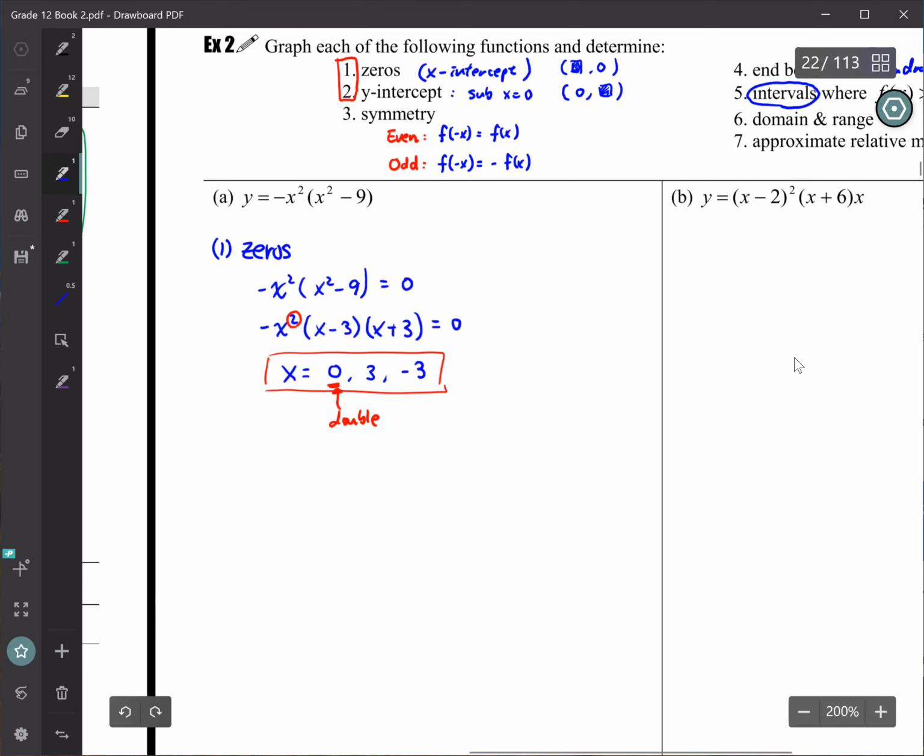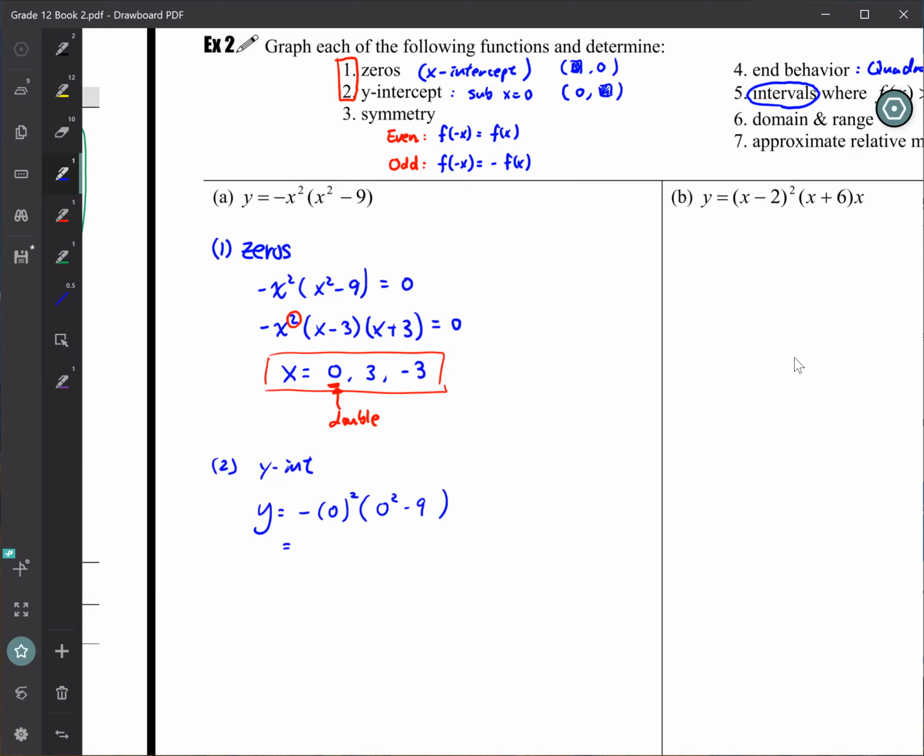Okay, number 2, we need to get the y-intercept. For the y-intercept, we just sub x equal to 0. So 0 squared minus 9. Okay, so what's the answer then?